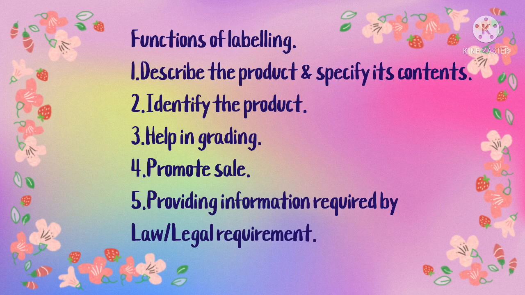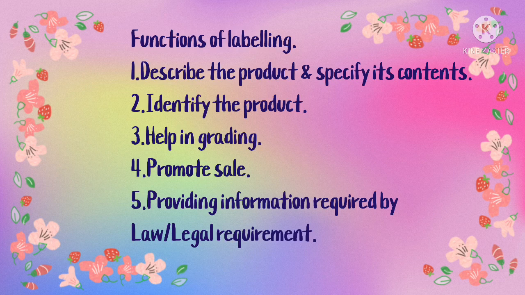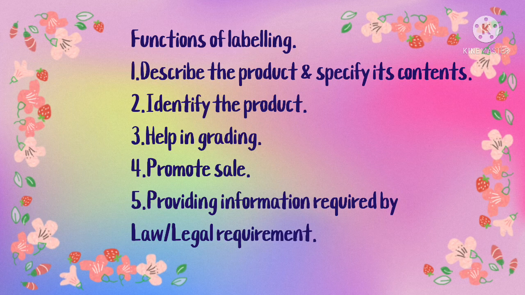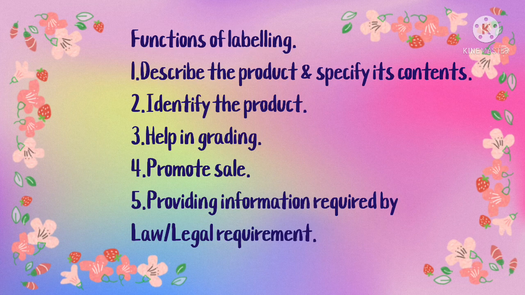Second is identify the product. The label helps the customers to identify the product from the various types of products which are available. For example, we can easily identify a Cadbury chocolate from various other chocolates like Amul, which are kept in the shelf of a shop, by the color of its label.